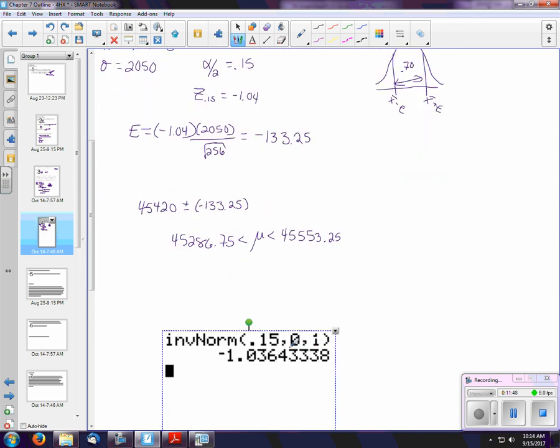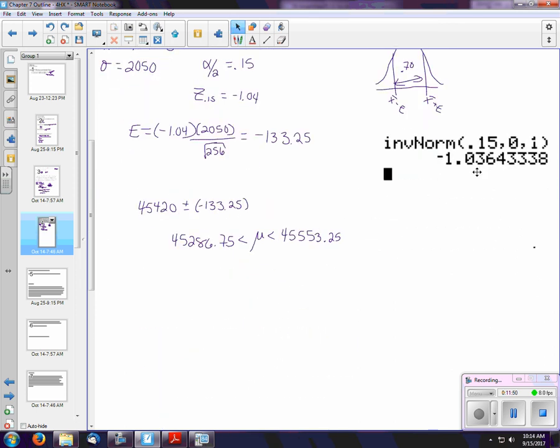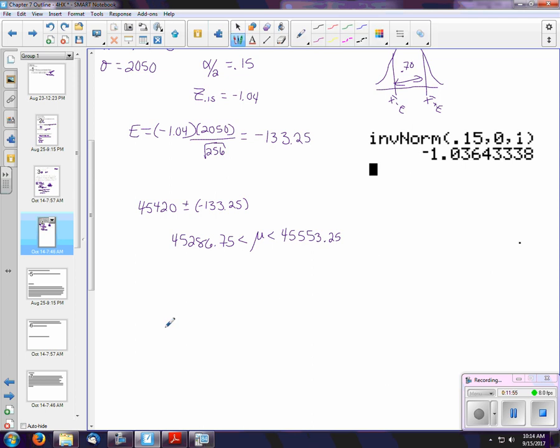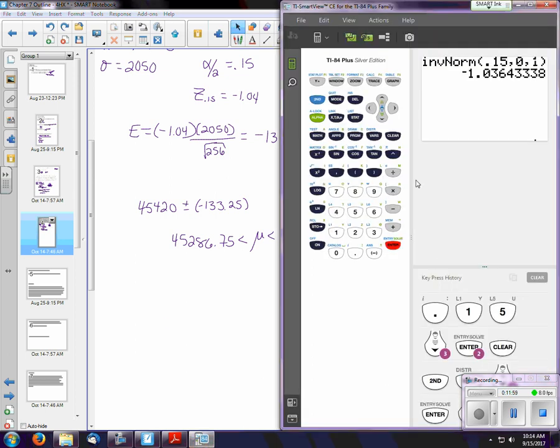So whichever option you prefer as far as finding your z-scores, entirely up to you. Another option you have would be to use the calculator functions that actually give you the confidence interval start to finish. Now, if you're concerned about showing your work, you might choose to go about it this way instead.